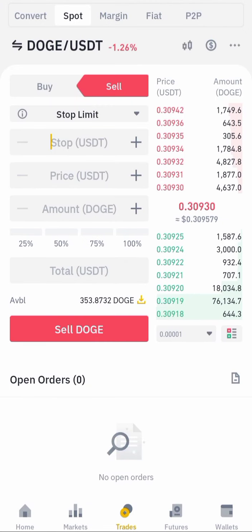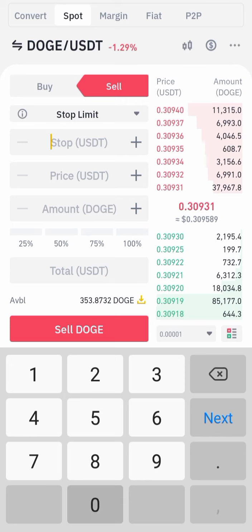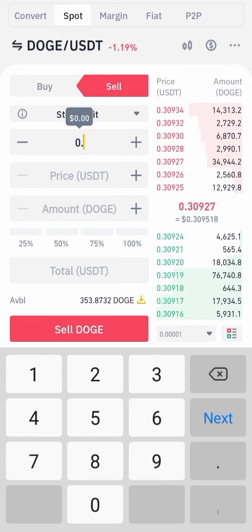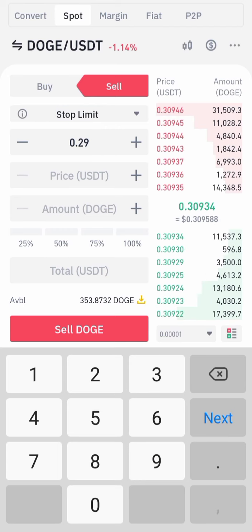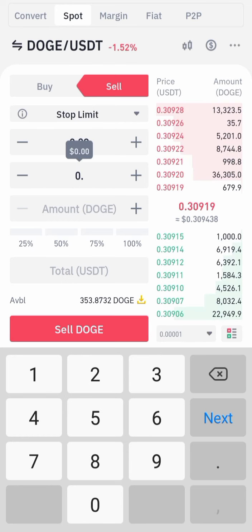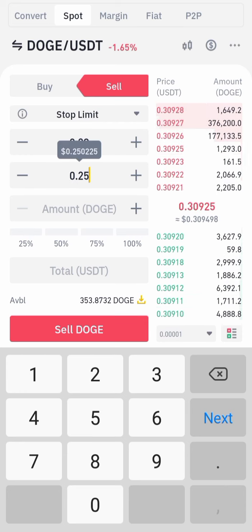So let's say our stop price is at 0.29. Okay, 0.29. All right. So our limit price, we use 0.25.